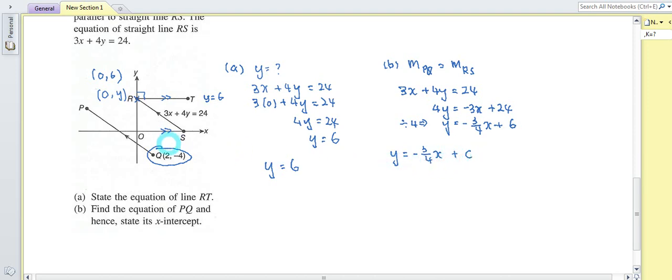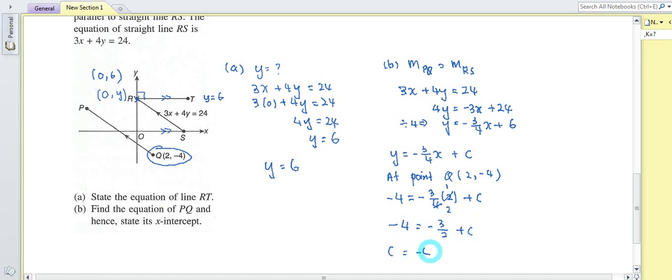How to find the c? Use this point. At point Q, (2, negative 4). Okay, so y is equal to negative 4, negative 3 over 4 x, x is equal to 2, plus c. So negative 4 is equal to negative 3 over 2 plus c. c is equal to negative 4 plus 3 over 2.